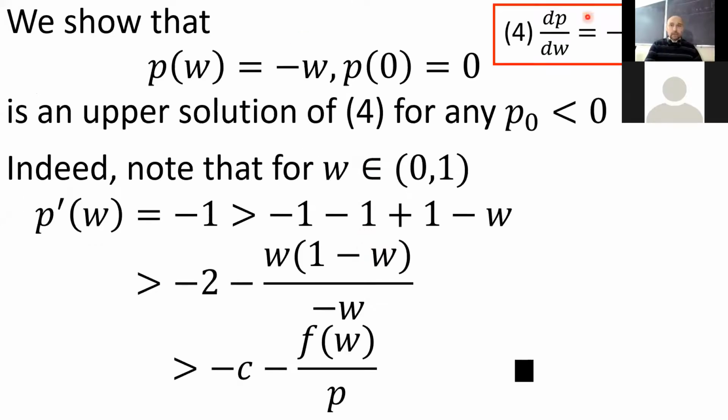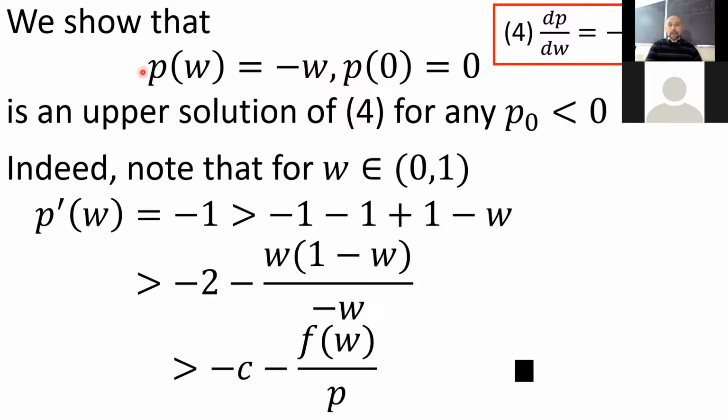And so now we are going to prove that the function that I define as P of W equals minus W. So this one, I define it. It's not a solution of any ODE. It's just a function of W. And it satisfies P of 0 equals 0.